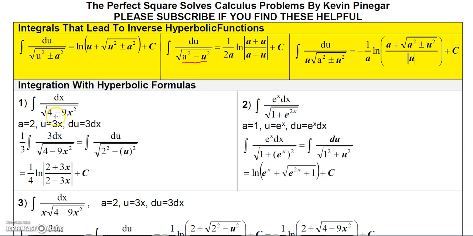So if I'm trying to get it to work for this middle formula, then I would have to say, okay, what do I square to get 4? Well, that would be 2. And then what would I square to get 9x squared? Well, that would be 3x, so u would be 3x. And then if u is 3x, du would be 3dx.